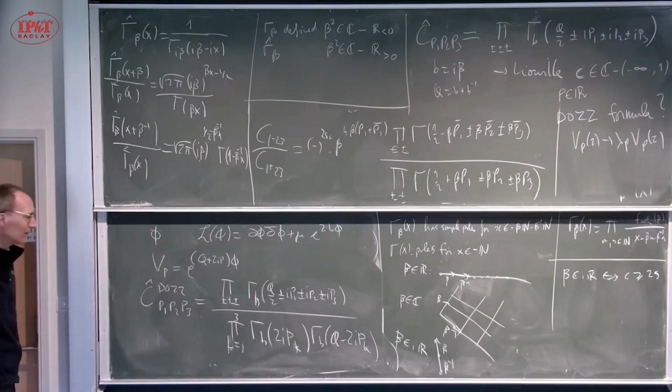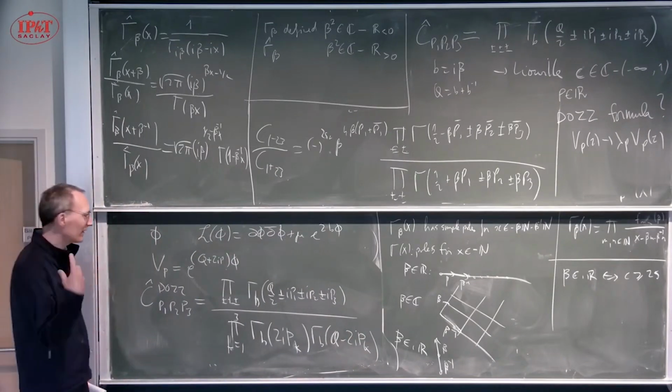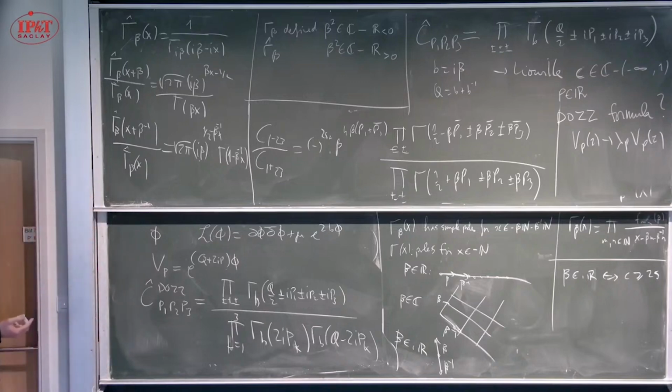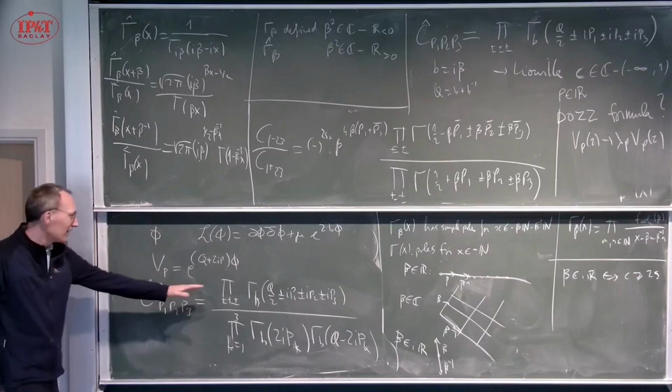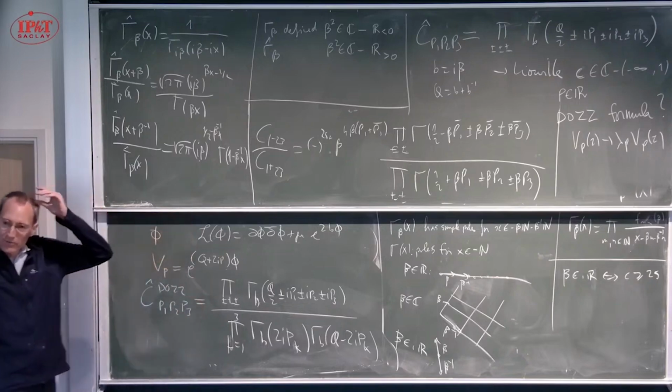So in this new normalization, you lose, in fact, the invariance under the reflection P goes to minus P. It's only covariant under the reflection. But essentially, that's the normalization which corresponds to this particular approach to Liouville theory.